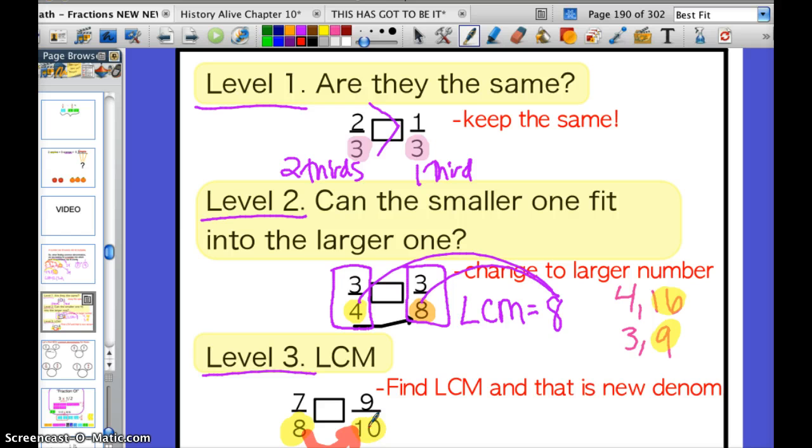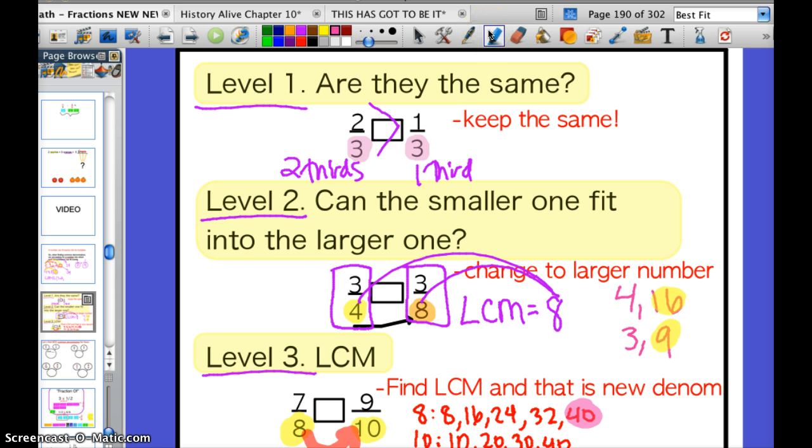So, to find the common multiple here, the least common denominator, we're going to need to find the LCM. And the LCM between 8 and 10, it's not 80. 8, 16, 24, 32, 40. And then you should automatically see, oh, hey, that ends in 0. And so, being that that's the first multiple of 8 that ends in 0, we know that that's also a multiple of 10.